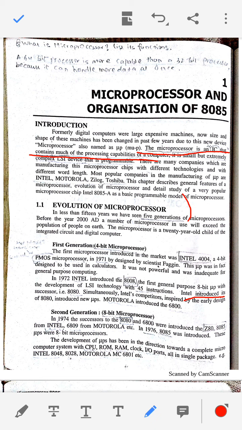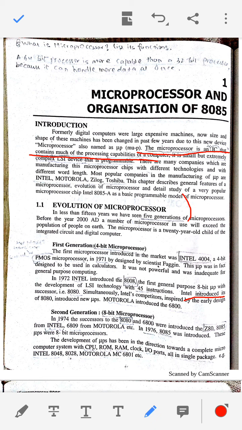Then in 1976, 8085 was introduced. These µPs, as I had told you, microprocessors are also known as µP. This was an 8-bit microprocessor. Now the microprocessors were evolving towards a complete microcomputer.